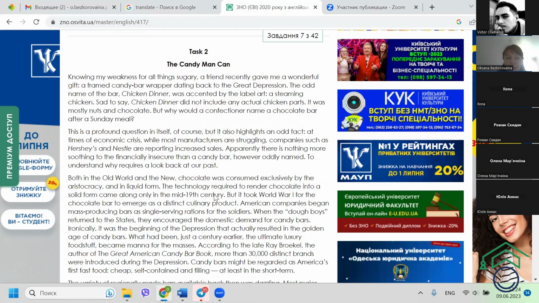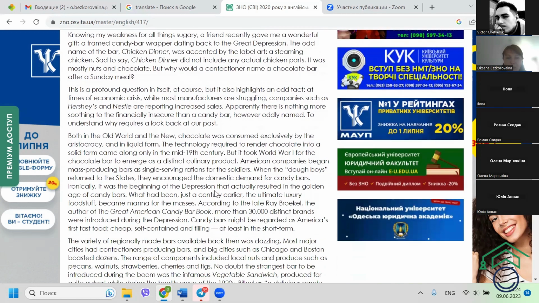Both in the old world and the new, chocolate was consumed exclusively by the aristocracy, and in liquid form, the technology required to render chocolate into solid form came along only in the mid 19th century.